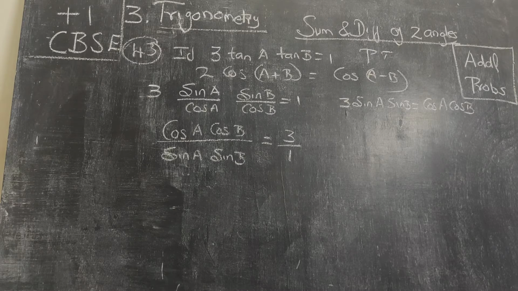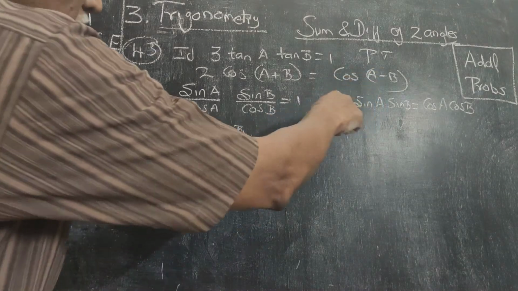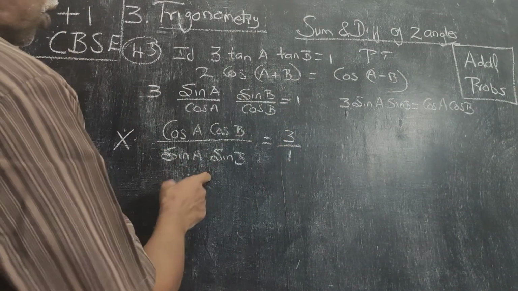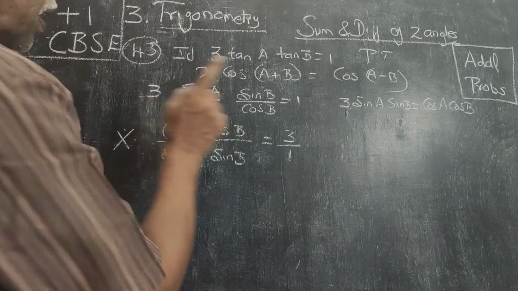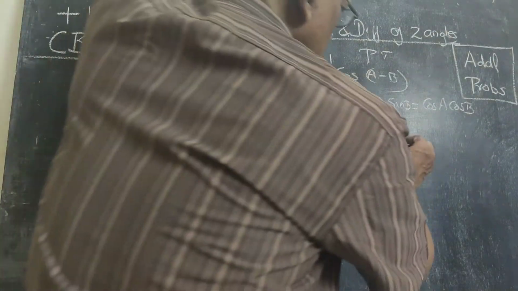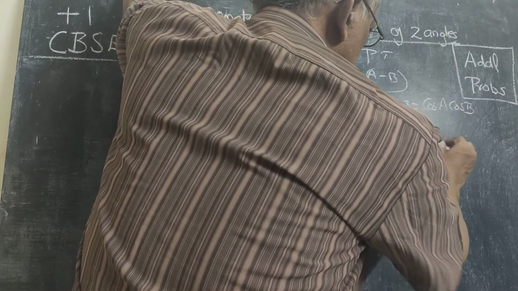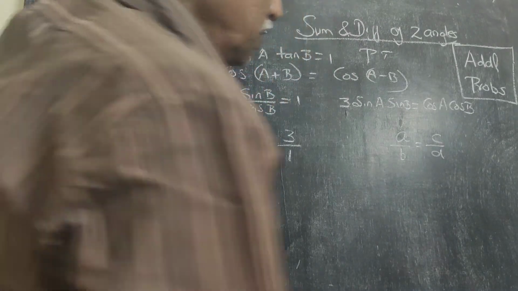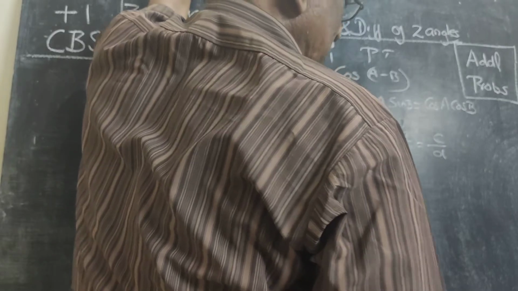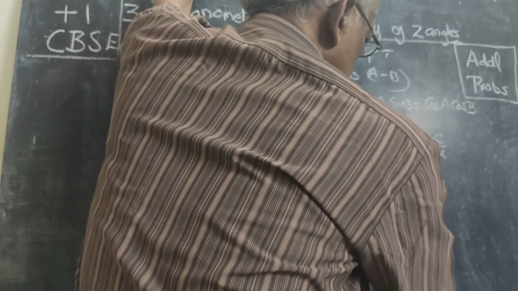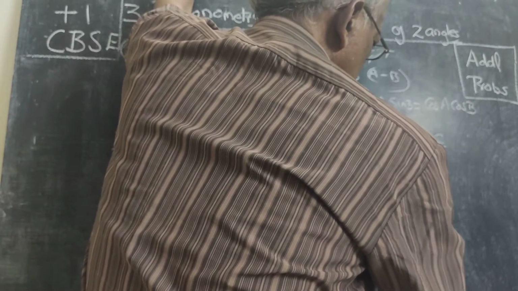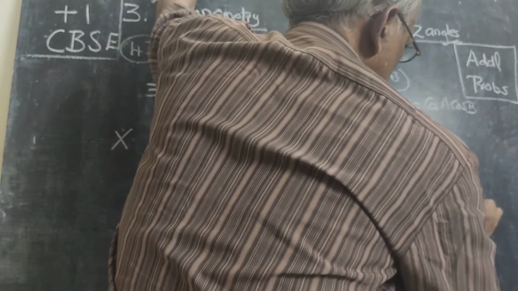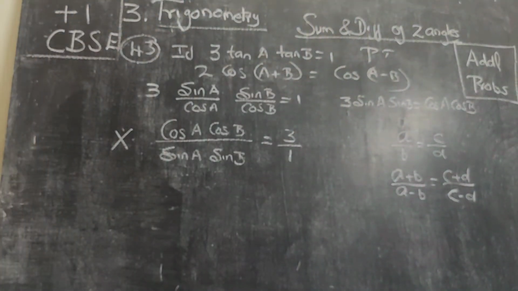Now this step should strike you. So you write cos A cos B by sin A sin B equal to 3 by 1. If you just cross multiply, 3 times sin A sin B equal to cos A cos B. Suppose you are given A by B equal to, say, C by D. If this ratio is given equal, then you have learnt in your earlier class componendo dividendo, that is A plus B by A minus B equal to C plus D divided by C minus D. This is the property we have learnt in your earlier class.